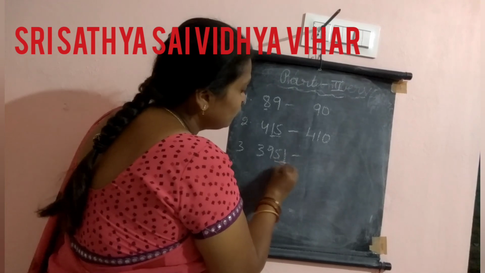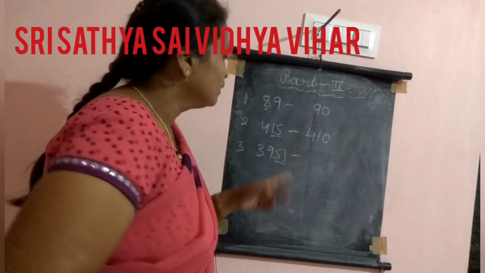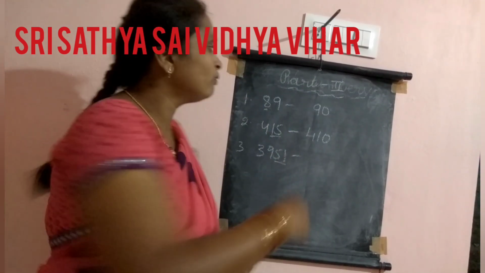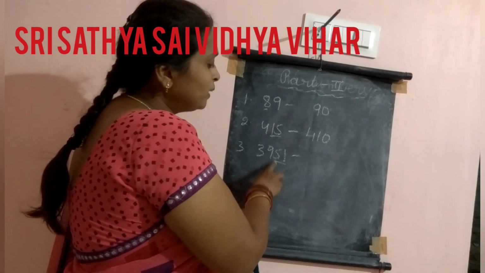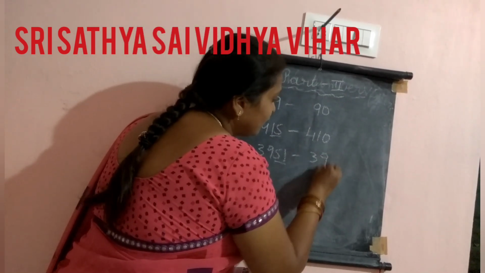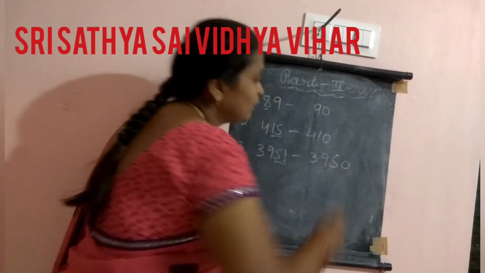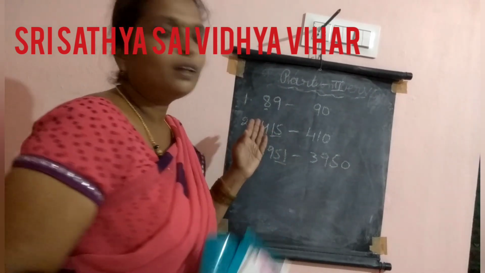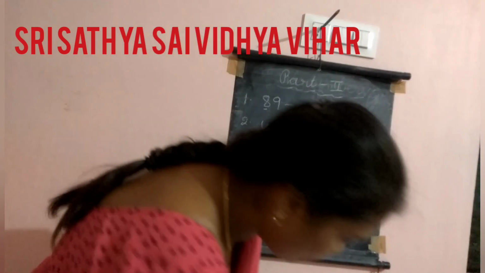Now 3951: 1 is in the ones place, so the nearest tens is 3950. Okay. Next topic.